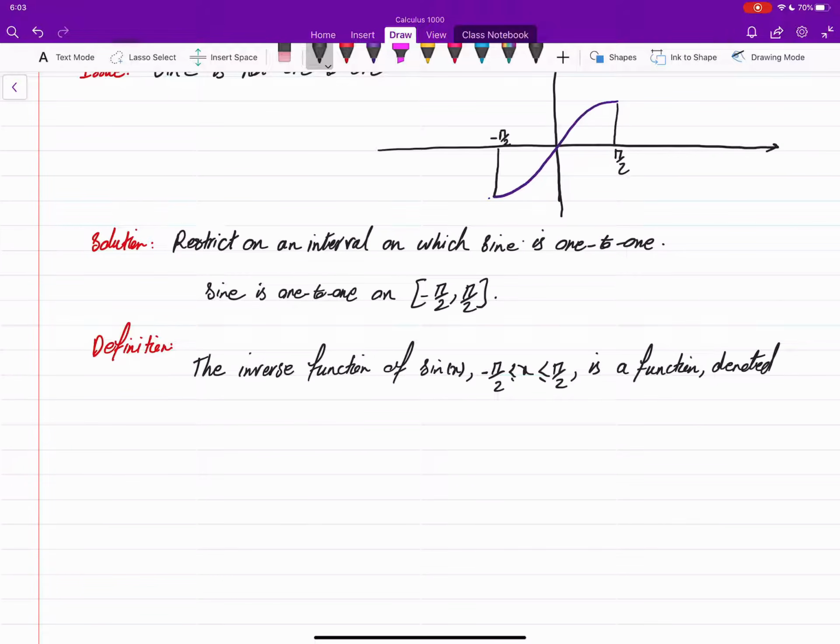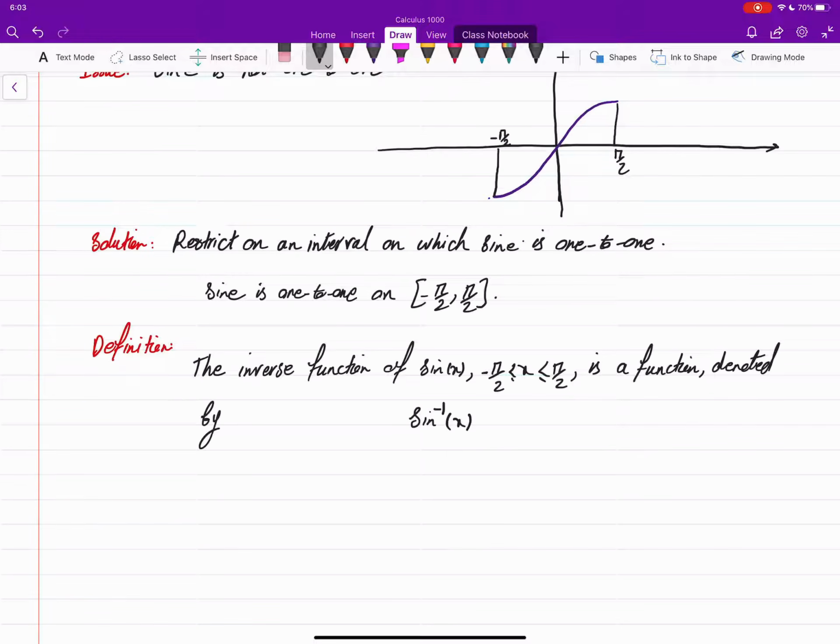The notation is a very natural thing. I'm looking for the inverse function of sine, so maybe sine inverse of x. And some people would say a better convention would be arc sine.